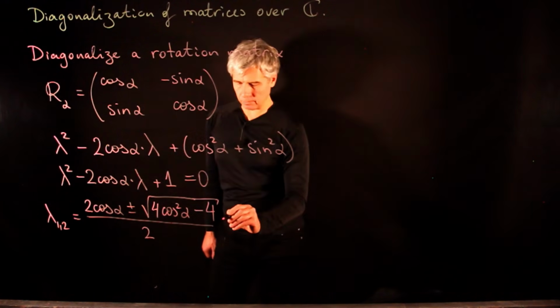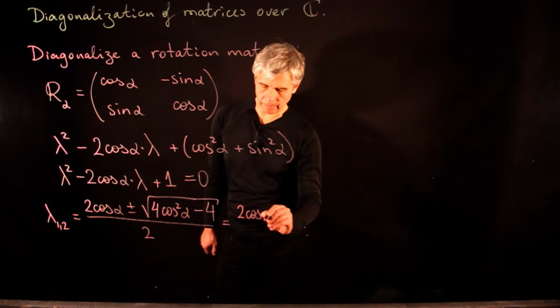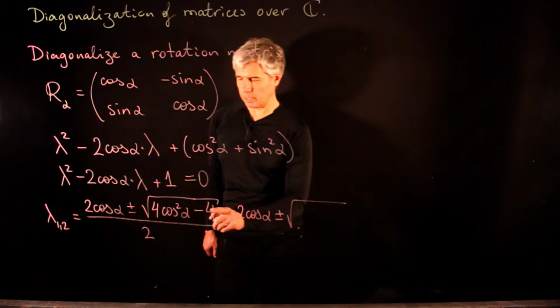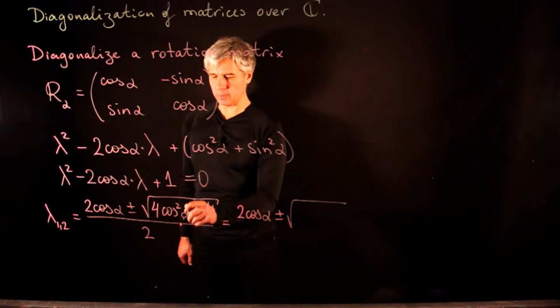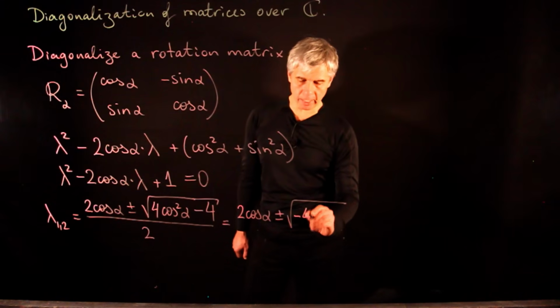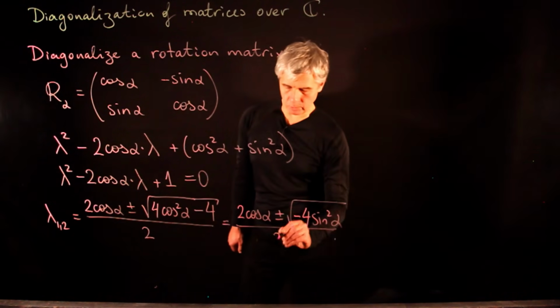And so this becomes 2 cos alpha ± square root of... here, if we have 1 minus cos squared alpha, this will be sin squared alpha. So here we get −4 sin squared alpha, over 2.